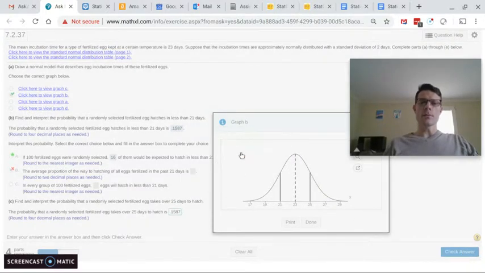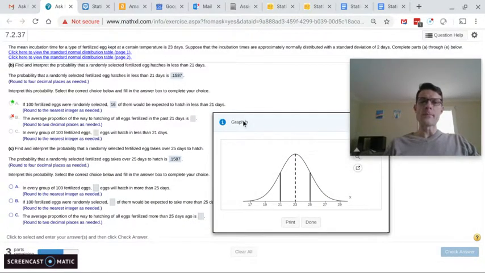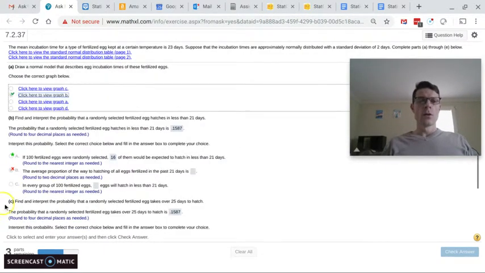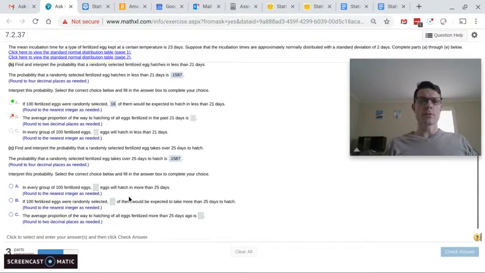Okay, so I hope that helps a little bit. Oh, there's more. Sorry, got a little excited there. Okay, so we just have to interpret this probability. So the probability in every group of 100 fertilized eggs, 16, round to the nearest integer, 16 eggs will hatch in more than 25 days.